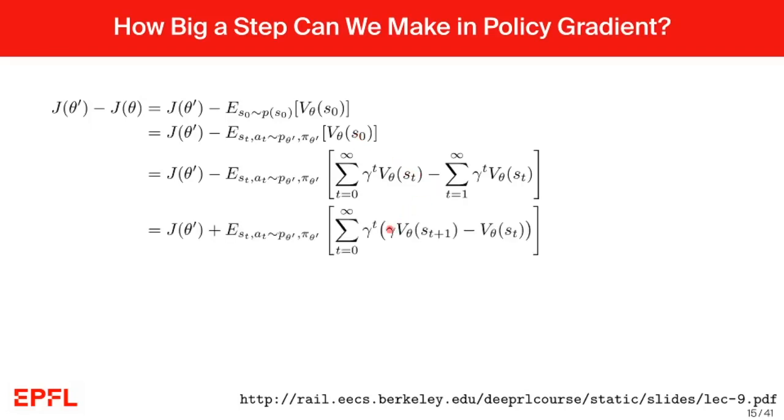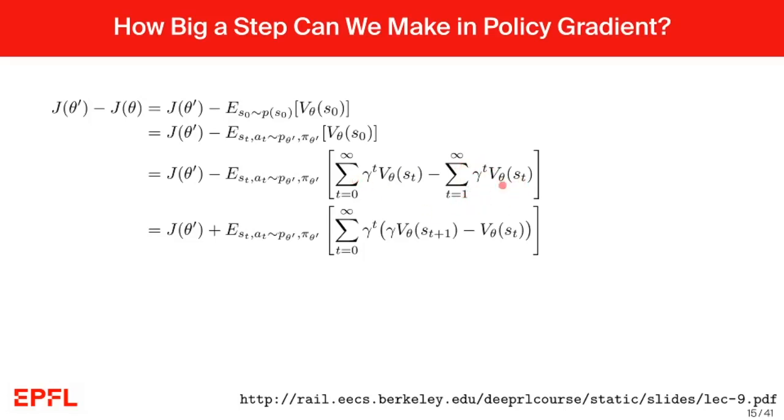Now, here I just factor out the term gamma to the power t, and I adjust for the difference in the indexing, that it runs from 0 to infinity here and from 1 to infinity there, by changing the time t, or the index in this sum here, to t plus 1, and then I can again sum from 0 to infinity.